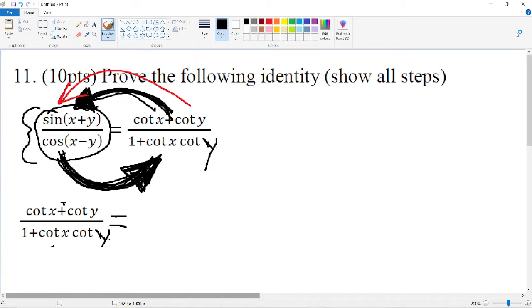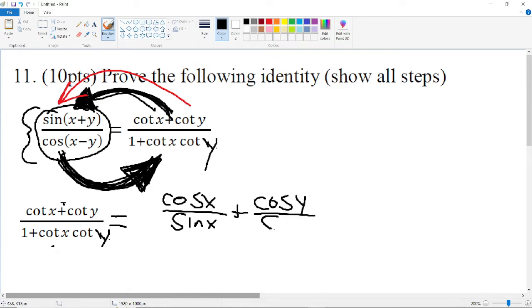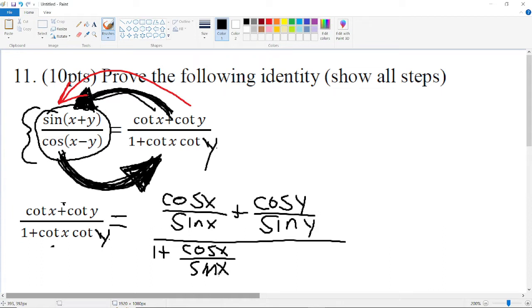Cotangent is cosine over sine. So this is going to be cosine x over sine x plus cosine y over sine y, divided by 1 plus cosine x over sine x times cosine y over sine y.